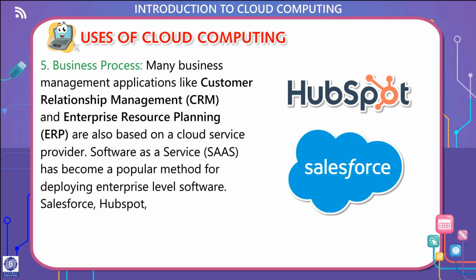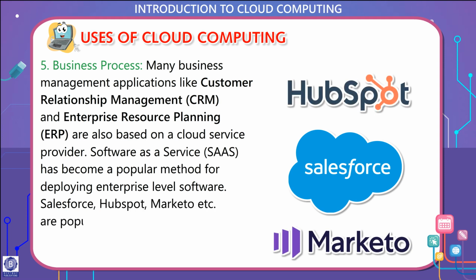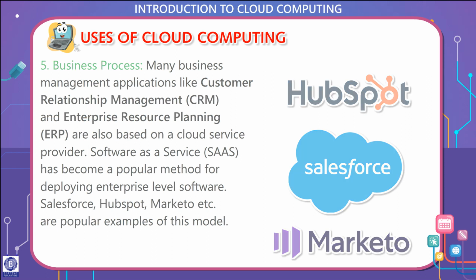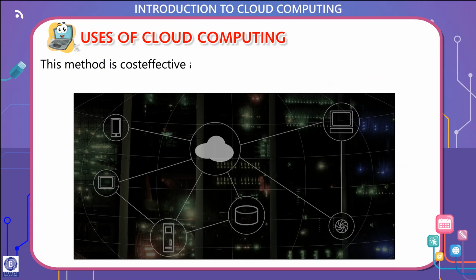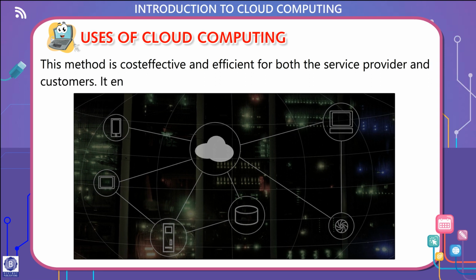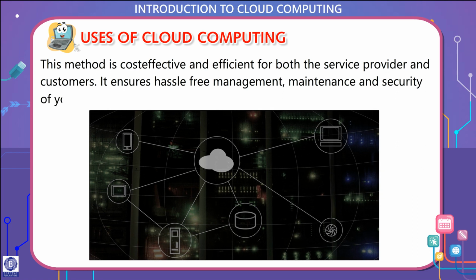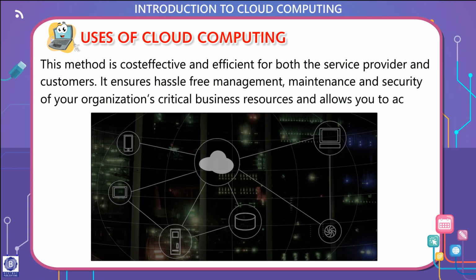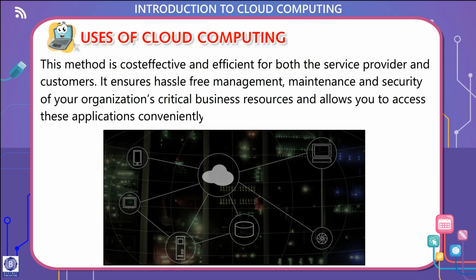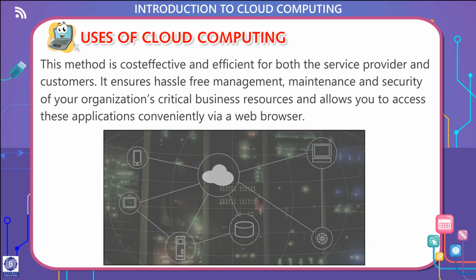Salesforce, HubSpot, Marketo, etc. are popular examples of this model. This method is cost-effective and efficient for both the service provider and customers. It ensures hassle-free management, maintenance, and security of your organization's critical business resources and allows you to access these applications conveniently via a web browser.